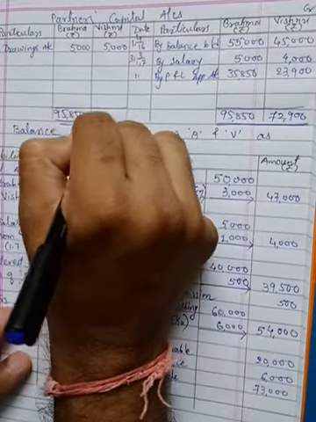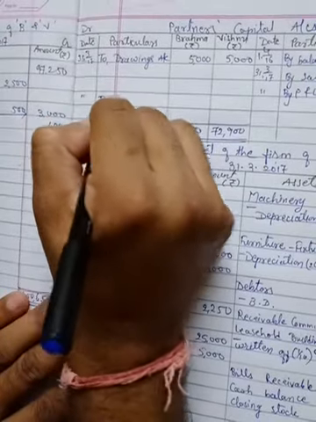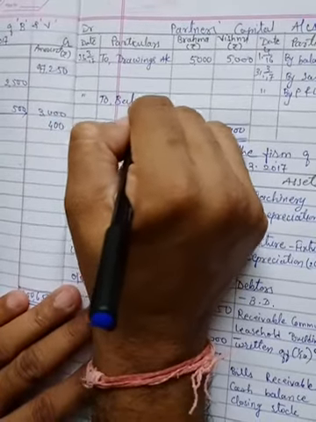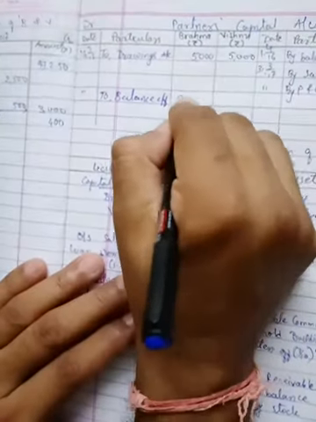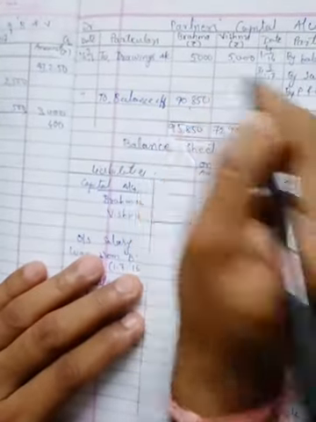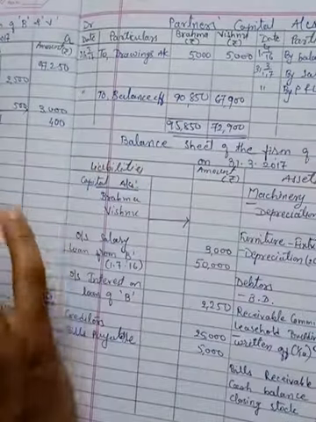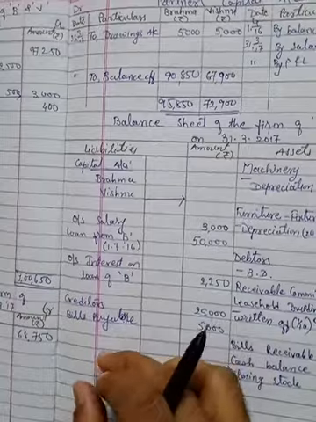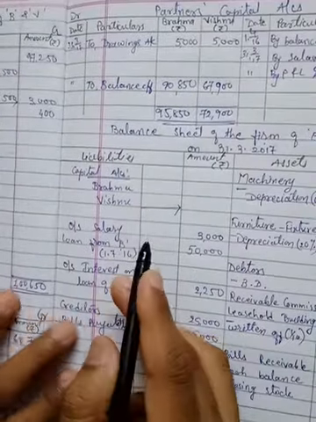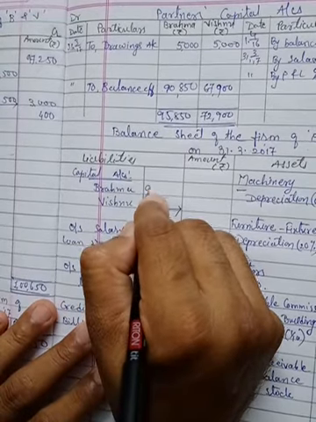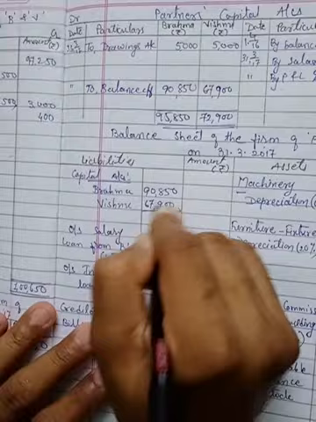So we can write over here, by balance carried forward. First partner difference is 90,850 and second partner difference is 67,900. Now this will be the closing capital that you have to write over here. So first partner capital is 90,850 and second partner is 67,900.